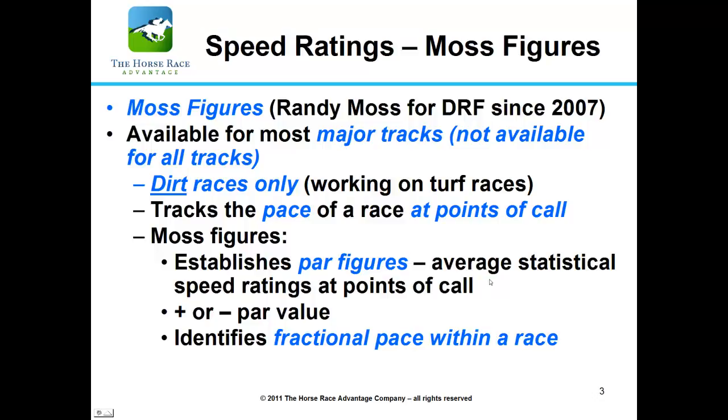So he has collected a lot of races and tried figuring out a statistical number that he identifies as par values. So when he actually lists them with a race, he expresses them as a par value with a plus number or a minus number, meaning that the horse actually ran slower or faster than the par value. He identifies his fractional pace within a race.